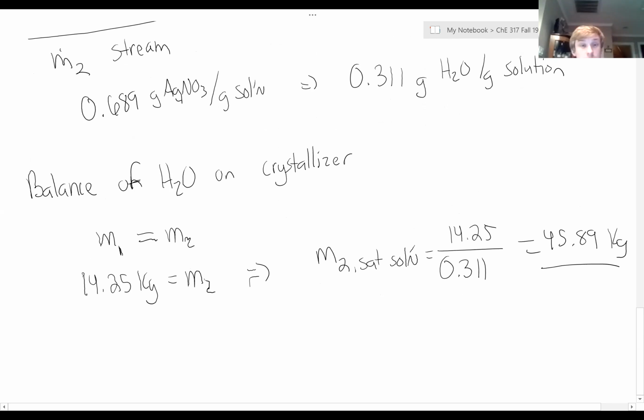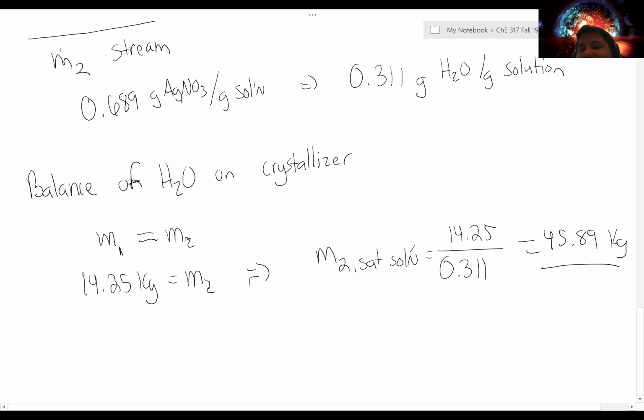Because we're looking at 2 phases now on the outlet of the crystallizer, a liquid phase and a solid phase. So you don't just have pure silver and pure water coming out. You have pure silver crystals and then a solution of silver in water. And so knowing the water isn't forming a solid, I can look at a balance on the water to get the total mass of the solution.